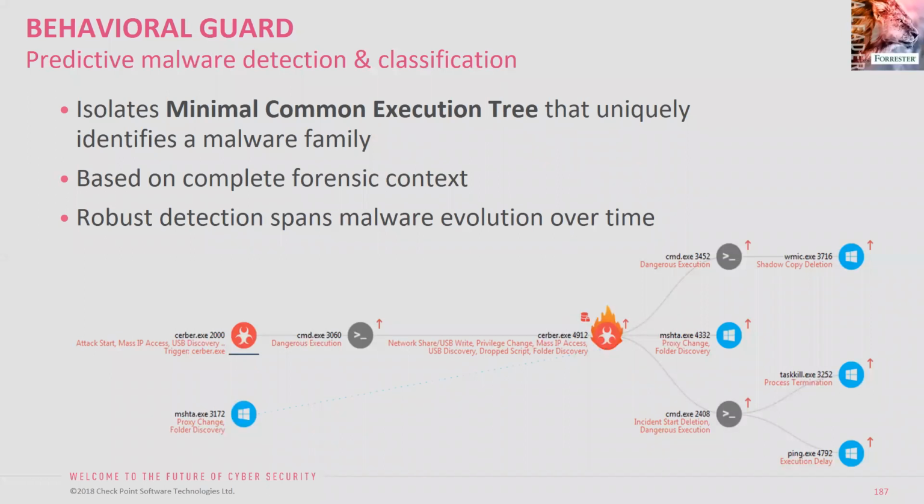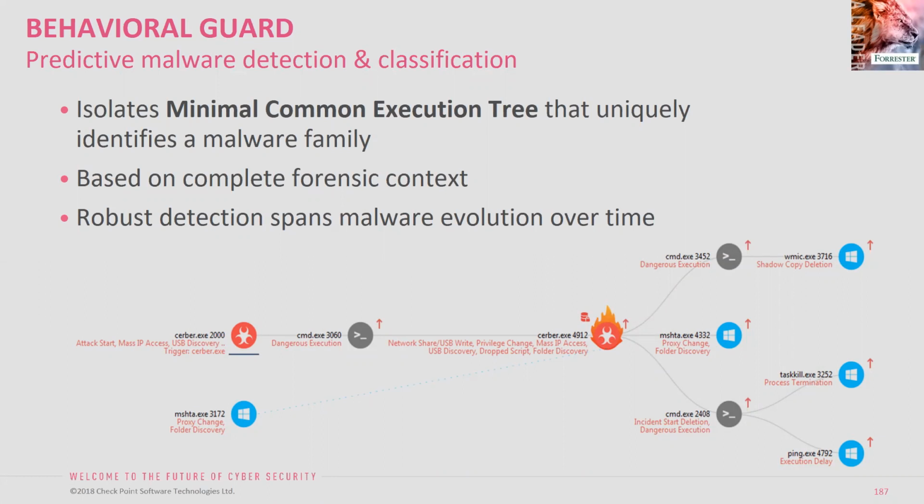And here we get into Behavior Guard. This is only one part of the forensics report, which I will show you the whole forensics report in a few minutes. But just to go over what Behavior Guard leverages. It leverages forensics to effectively and uniquely identify unknown malware behaviors and accurately classify malware to its malware family.